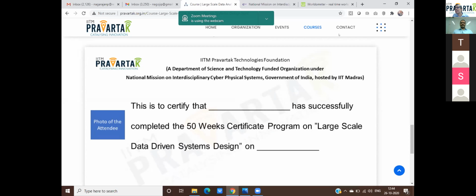The next is please provide a breakdown of number of hours for each content. We will be doing that. How many hours of the 300 hours? We will be doing a full-fledged breakdown. This will be a practical course. We want to teach you how to make systems that will work on the field, rather than a theoretical course.